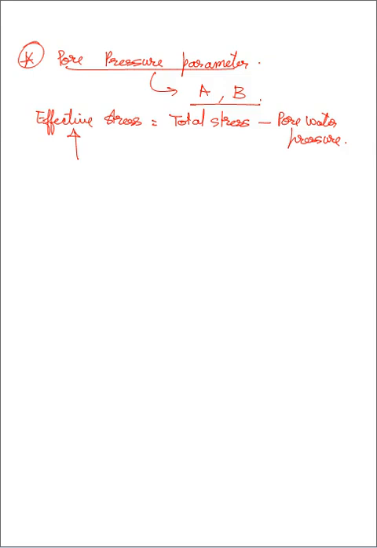Now the first pore pressure parameter is B. B is the ratio of delta UC divided by delta sigma C. Pore water pressure is denoted by U, so delta UC is the change in pore pressure. I can write delta UC divided by delta sigma 3 also.